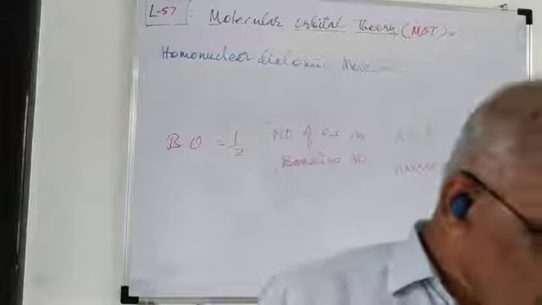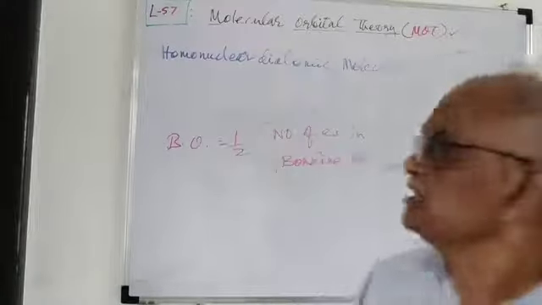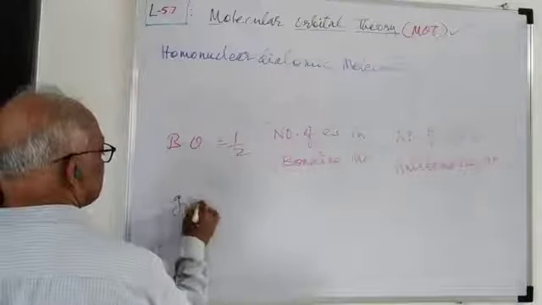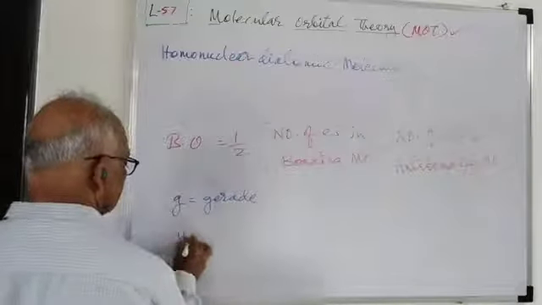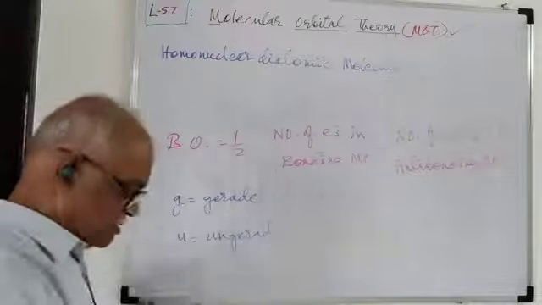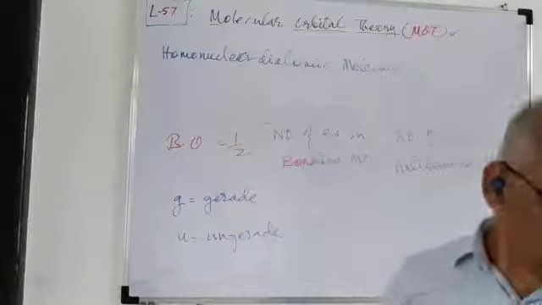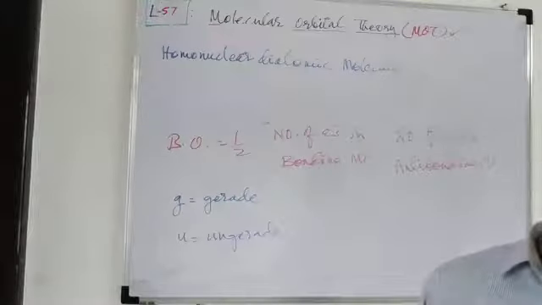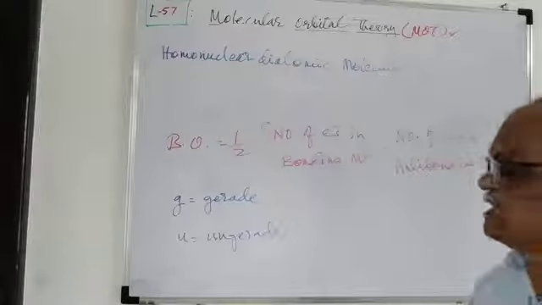Then we must know that there are different terms used in discussing these molecular orbitals. The first term is gerade, g for gerade, and another is u for ungerade. So g and u are the terms. The g indicates that these are orbitals which show symmetry with respect to inversion.